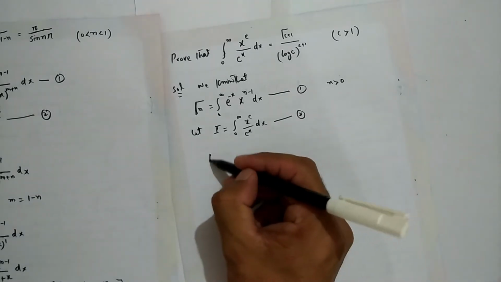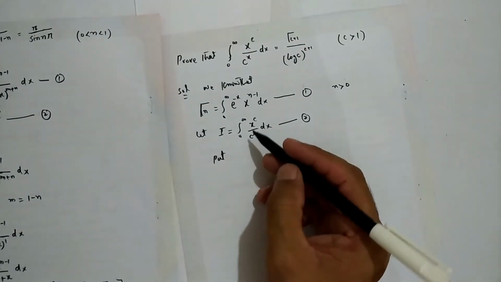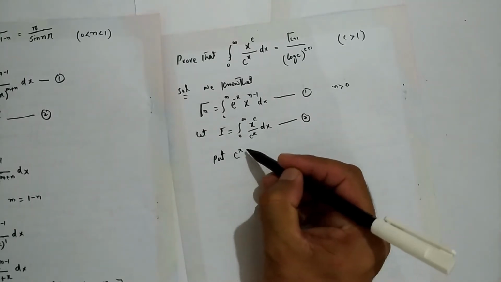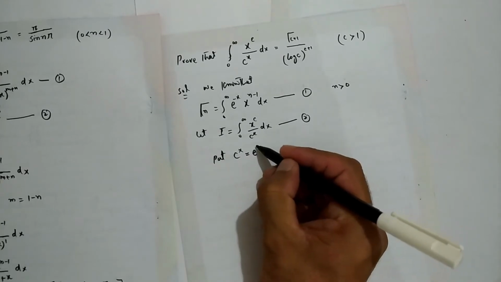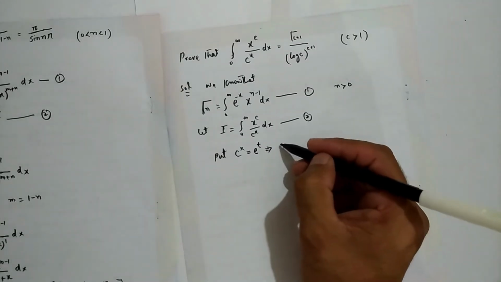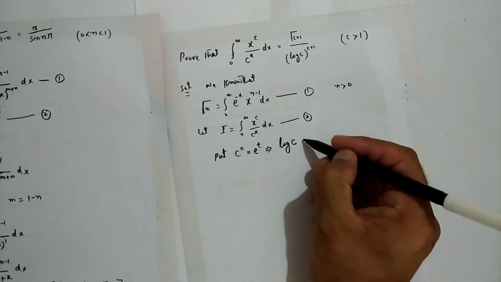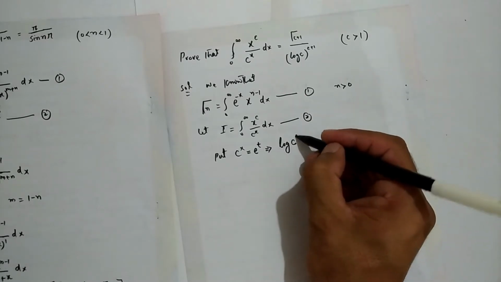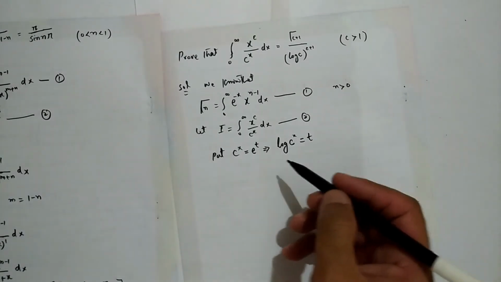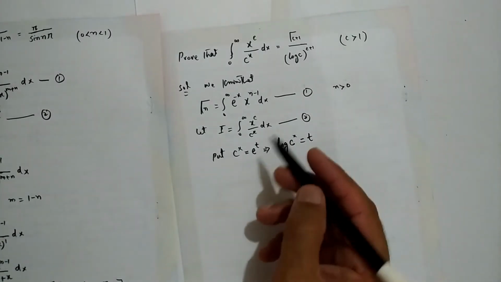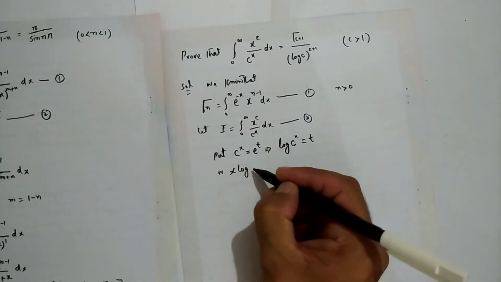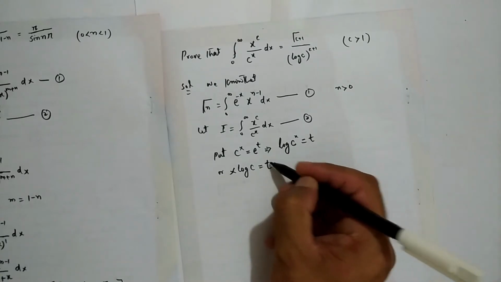Now put c to the power x equal to e to the power t. Taking log, x log of c is equal to t.